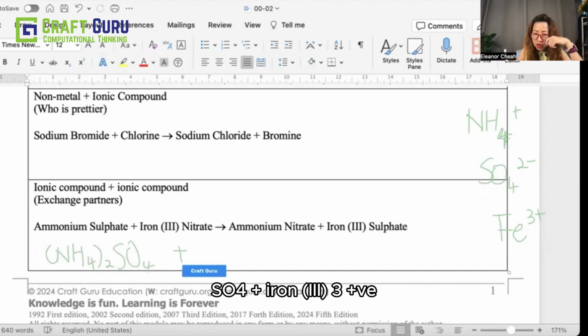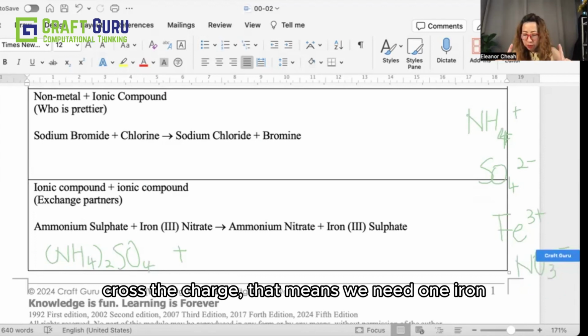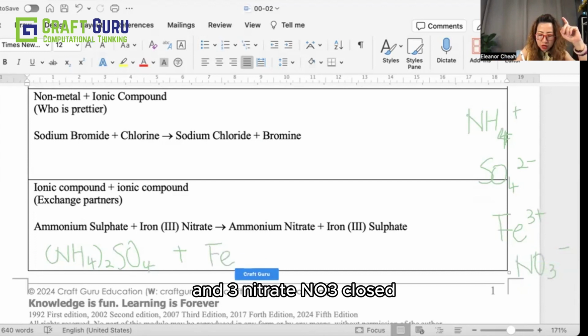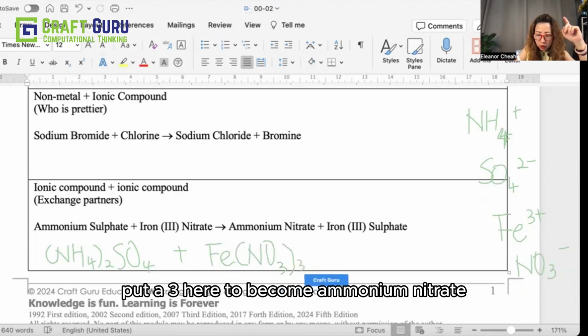Plus iron 3, 3 positive, nitrate is NO3 negative. Cross the charge, that means we need 1 iron and 3 nitrate. NO3, close the bracket, put a 3 here to become ammonium nitrate.